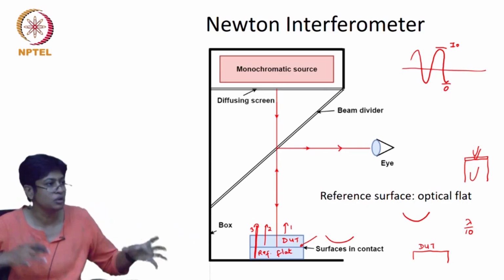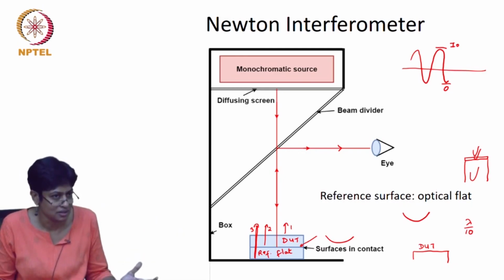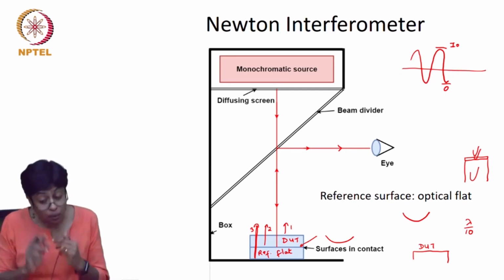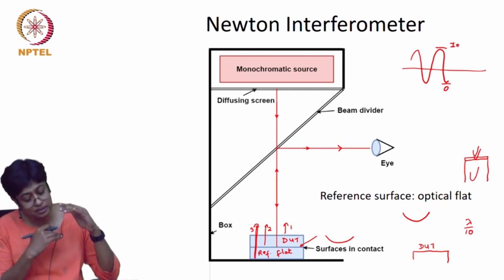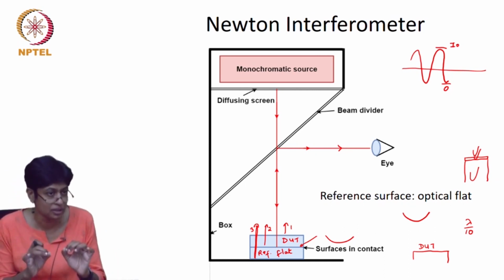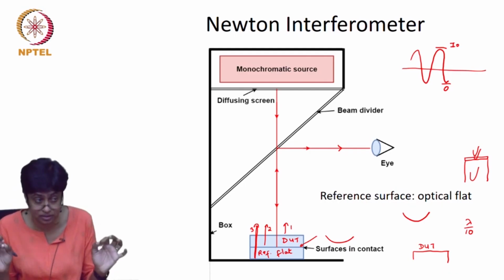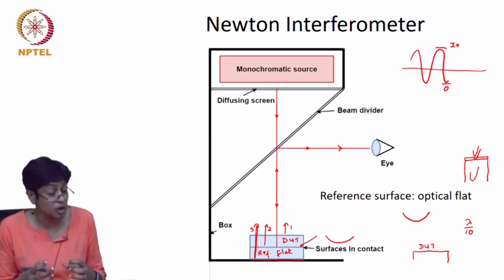It doesn't play a role in the interference, but it will affect the contrast. So, I don't really want to have a reflection. So, one is I ensure that the reference flat is large enough so that if there is a reflection, it doesn't play a role in the interference. And secondly, I can make this region dark or black or absorbing so that I minimize the amount of reflection, okay.